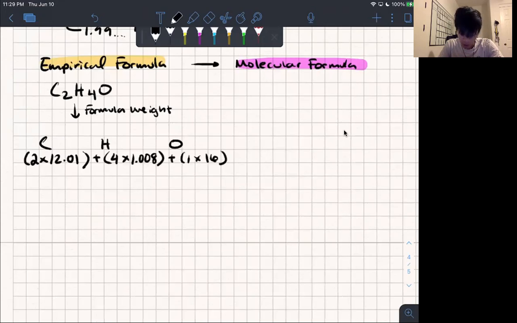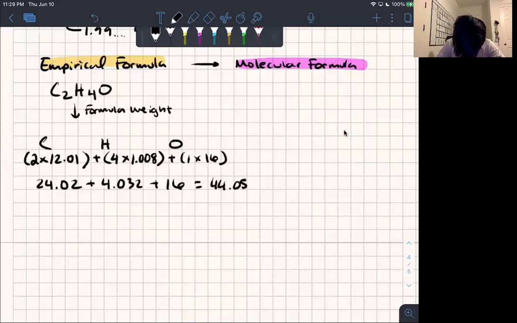So 2 times 12.01 is 24.02, plus 4 times 1.008 equals 4.032, plus 16. You sum these together, and 44.052 grams per mole is our formula weight.